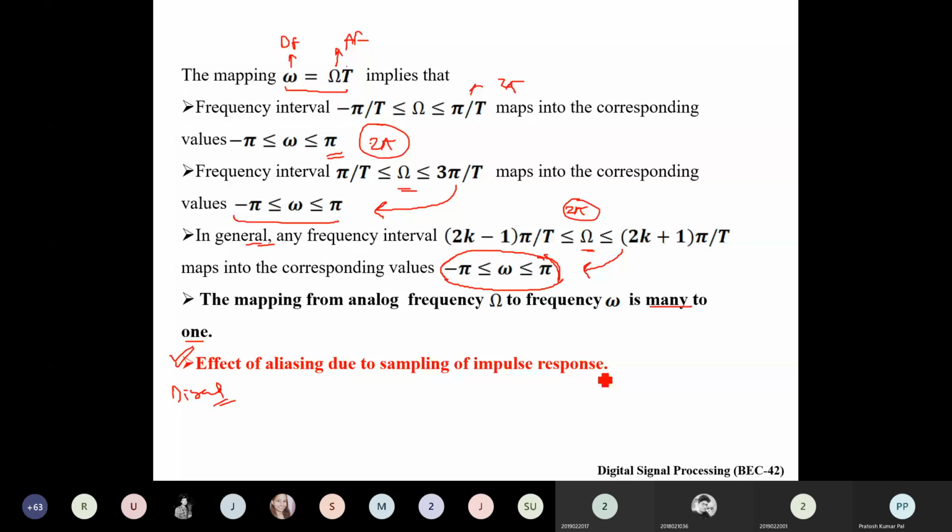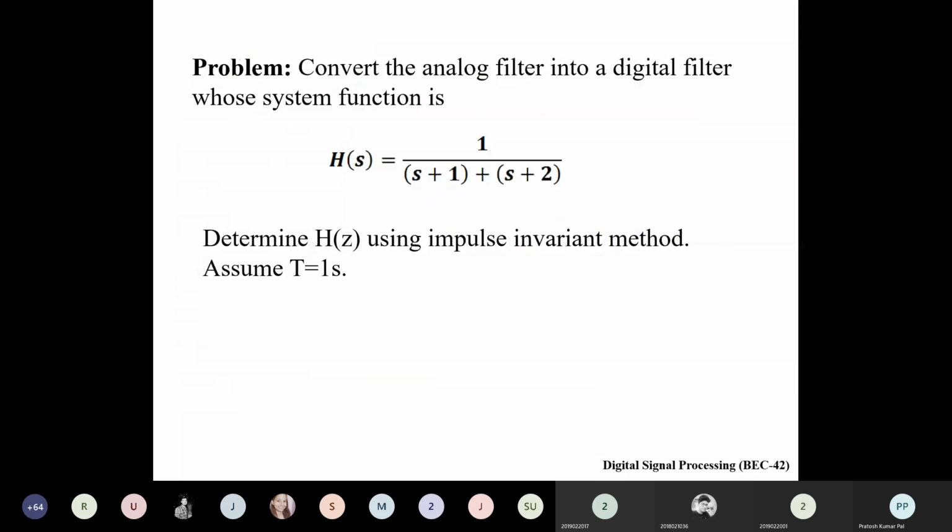Now we will see one numerical problem. We need to convert an analog filter, given as an analog transfer function, to a digital filter.